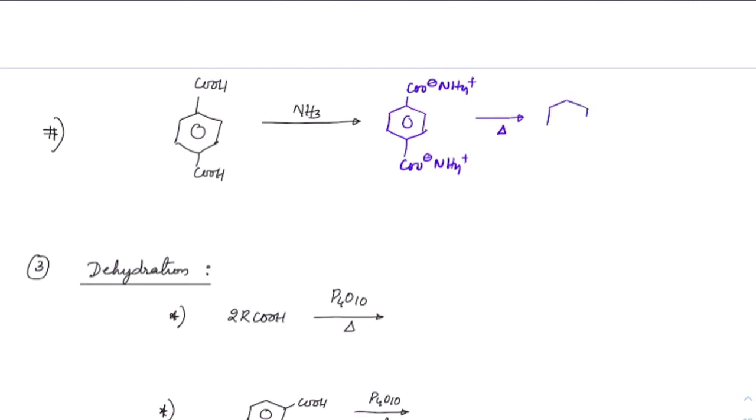This on further heating we will get amides. This time further heating doesn't help anymore, right? Because this cannot cyclize, right? So it will end up only at amides, right? So terephthalic acid is not going to form an imide, terephthalimide.